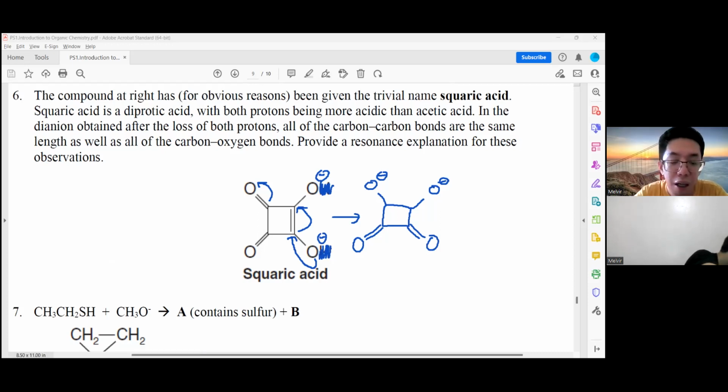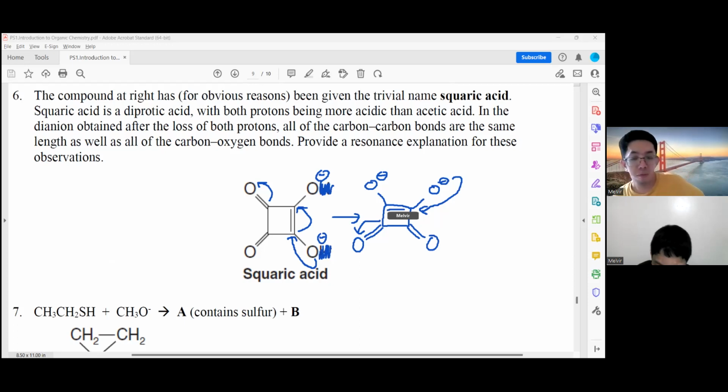Okay, so ilan na yung nabubuo mo? Kasi maliit naman po si squaric acid, diba po?